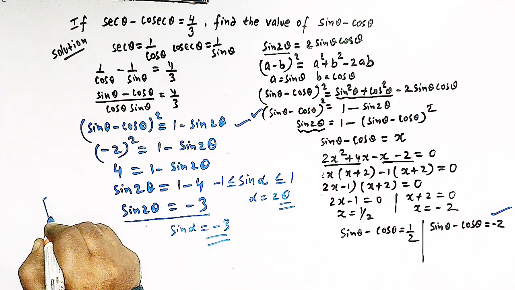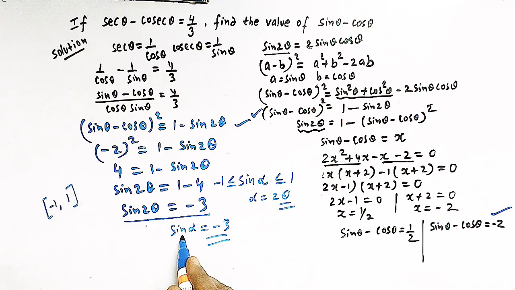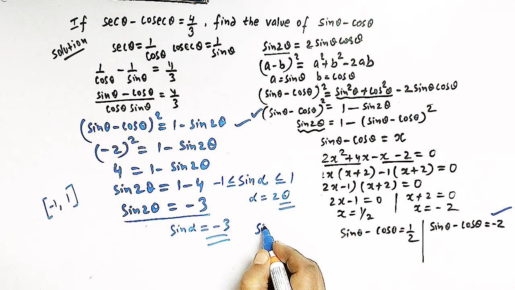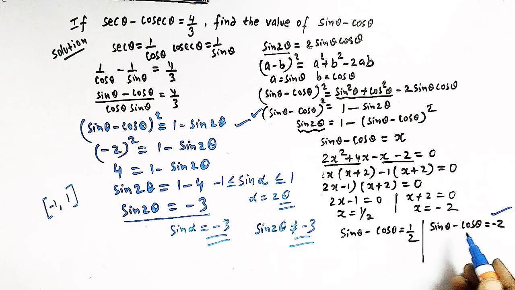It means the sine function has the range from minus 1 to 1. So sine alpha is equal to minus 3 is not possible. That is, sine 2 theta cannot be equal to minus 3, right? So it implies that sine theta minus cosine theta cannot be equal to minus 2. So we have to discard this value, right?